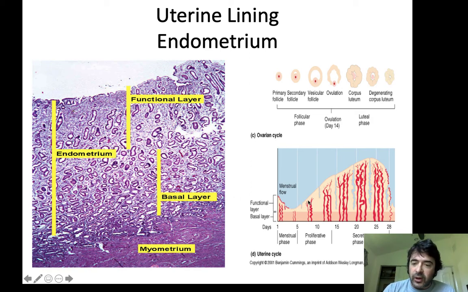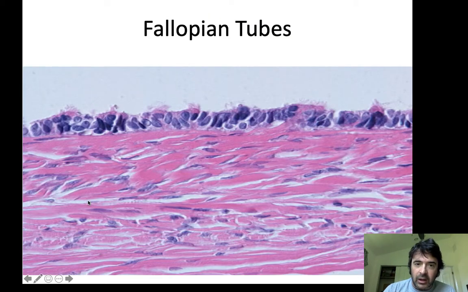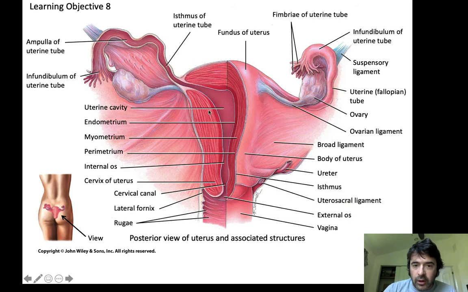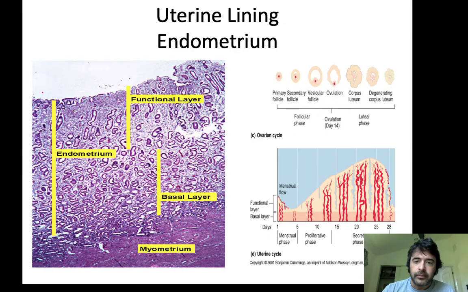So when we're focusing on the uterine cycle, what we're looking at is the endometrium of the uterus, meaning that internal lining of the uterus right here. And in response to the different chemical factors, it periodically builds up and then sloughs off, and then builds up and sloughs off in a cyclical manner that takes place in accordance with the other reproductive events that we're going to talk about. So when you're thinking about the endometrium, if I say identify the layer indicated by the bracket, that's the endometrium.